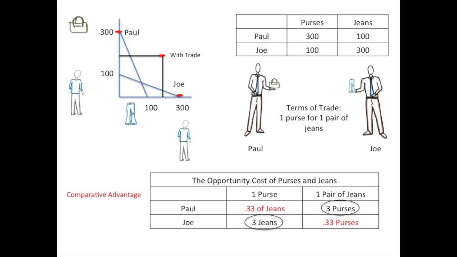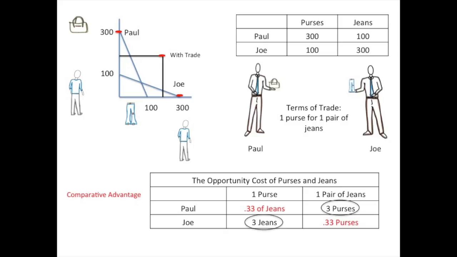With trade, Joe and Paul will each go beyond their individual PPC curve. Remember, Paul is producing 300 purses and Joe is producing 300 pairs of jeans. If Paul keeps 150 of his purses and trades the others to Joe in exchange for 150 jeans, they will now each have 150 purses and 150 jeans.